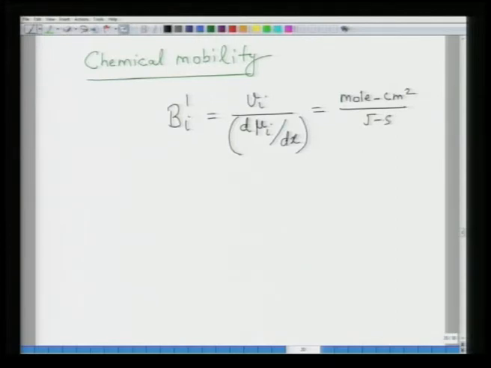Okay. So basically this is the velocity and this is the chemical force.